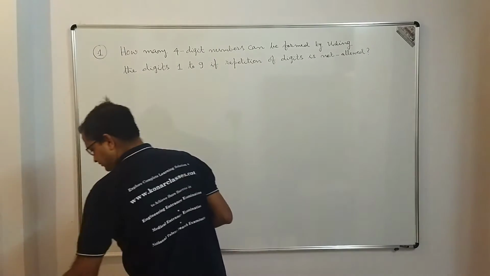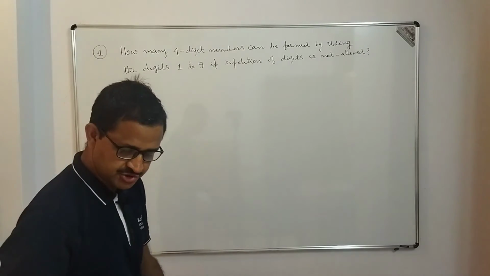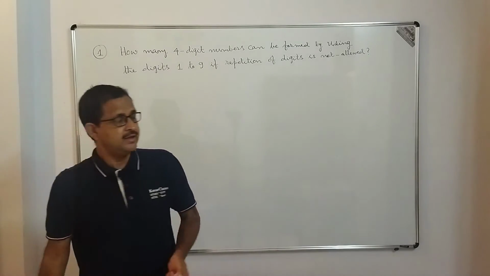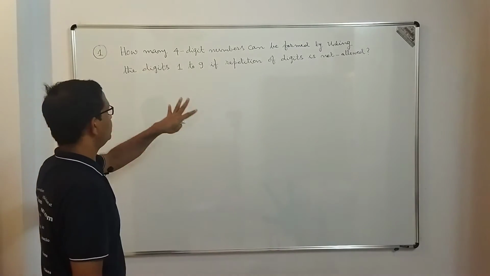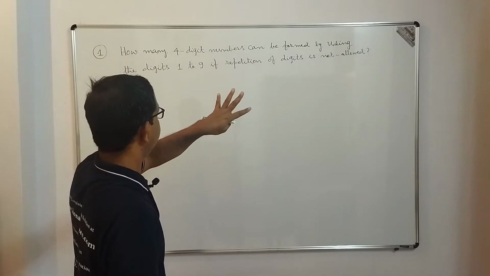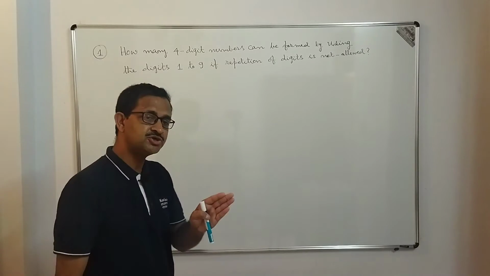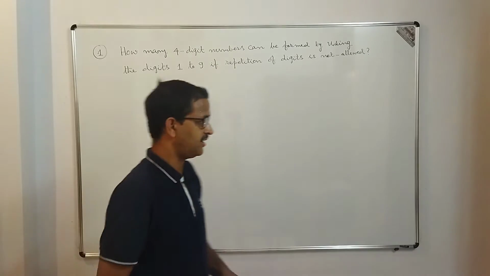Okay. Now let's start discussing the solution to this question. How many 4-digit numbers can be formed by using the digits 1 to 9 if repetition of the digits is not allowed.